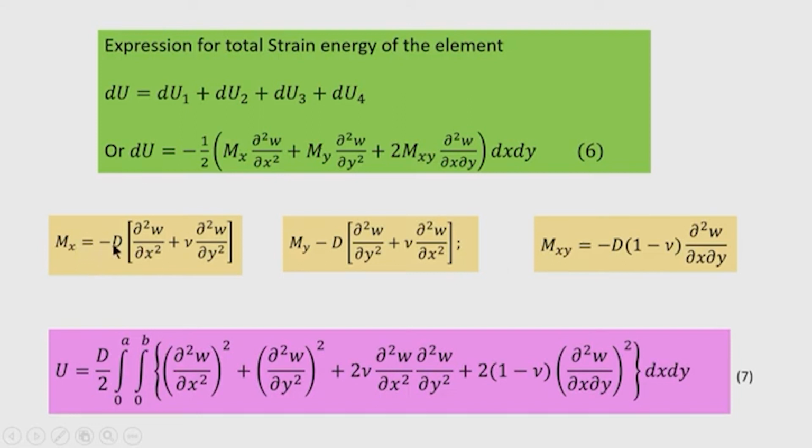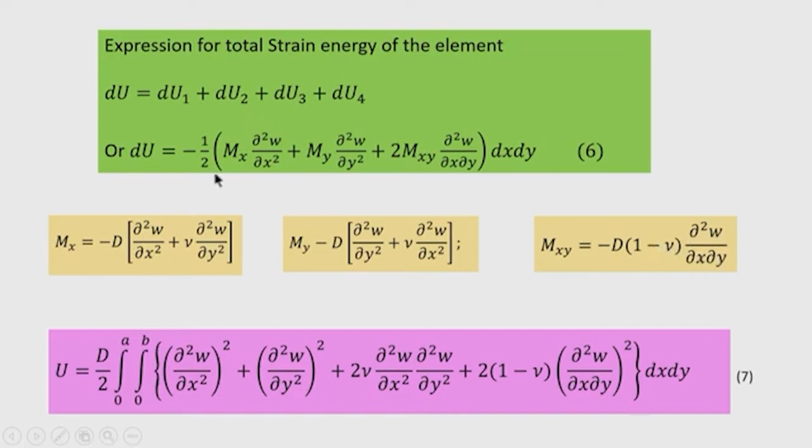Mx equals minus D bracket del square w by del x square plus mu into del square w by del y square. So, this is the bending moment expression along the x direction. Then My is equal to minus D del square w by del y square plus mu into del square w by del x square. Mxy equals minus D into 1 minus mu into del square w by del x del y.